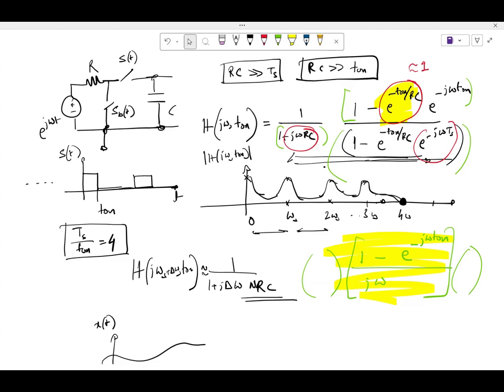Yes. But the value is flat till t on, and then after t on, it's a different value. It is a different value, but if you recall the math that we did in the earlier classes, that deviation from that flatness is also almost negligible, right? If RC time constant is very high, if T on is much lesser than RC, then we showed that the term that dominates is essentially H of T on only. Yes. Right?